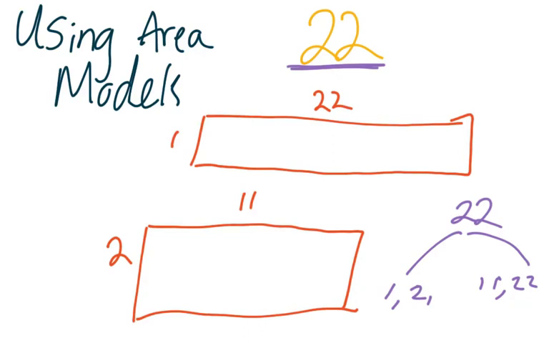I'm pretty sure that's it. Those are my only 2 factor pairs, so I only have 2 area models. 22 is a composite number.